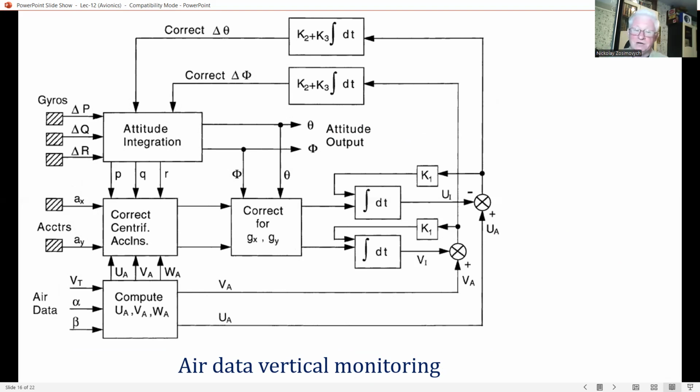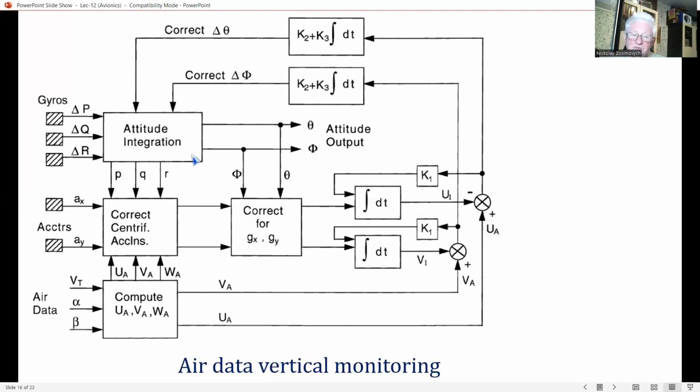The gravitational acceleration components, G sub X and G sub Y, are computed from the values of the pitch angle theta and the bank angle phi, derived from the attitude computation using the incremental angles from the strapdown gyros, as you can see from the attitude integration block.